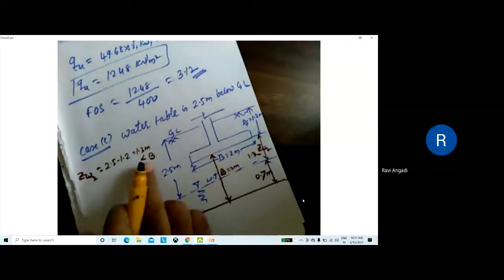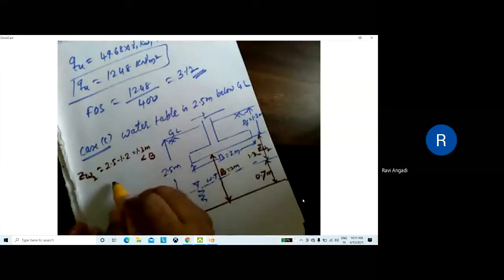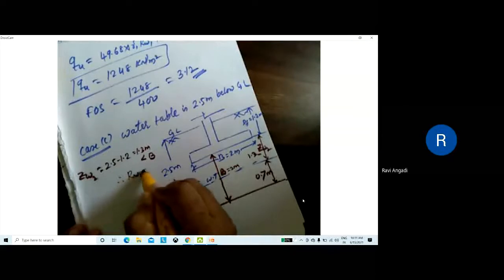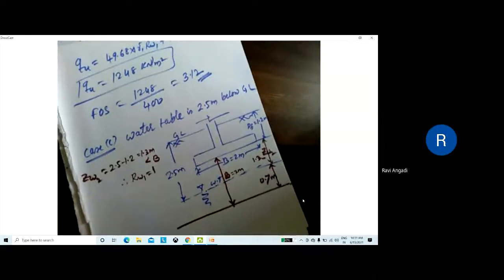So since it is less than B, the effect of the water table is to be considered. If it is more than B, then we will not take it into account. Understood? So since it is less than B, therefore RW1 will be 1. Understood? RW1 is 1.